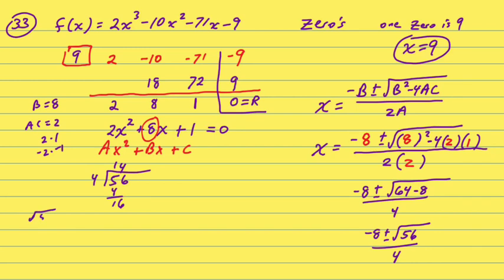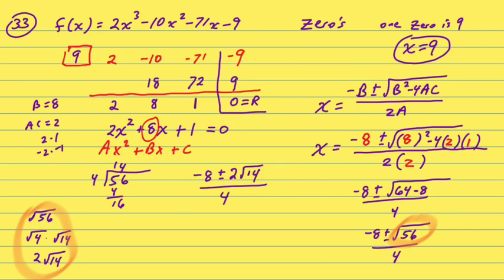So if I have the square root of 56, I could break it up into 4 times 14. Square root of 4 being 2. So this is going to become negative 8 plus or minus, instead of radical 56, what am I going to call it? 2 radical 14, and it's all divided by 4.